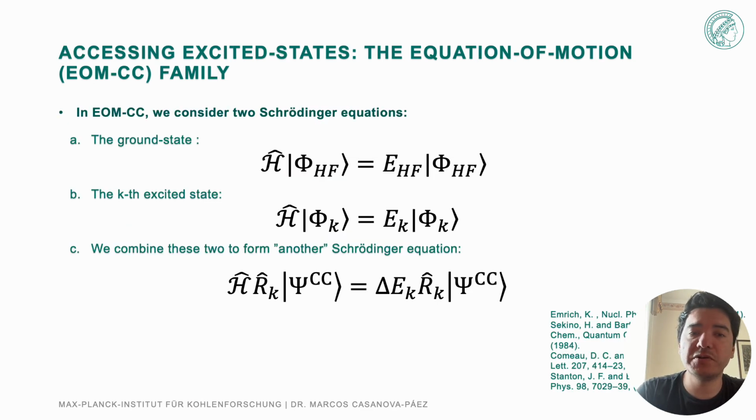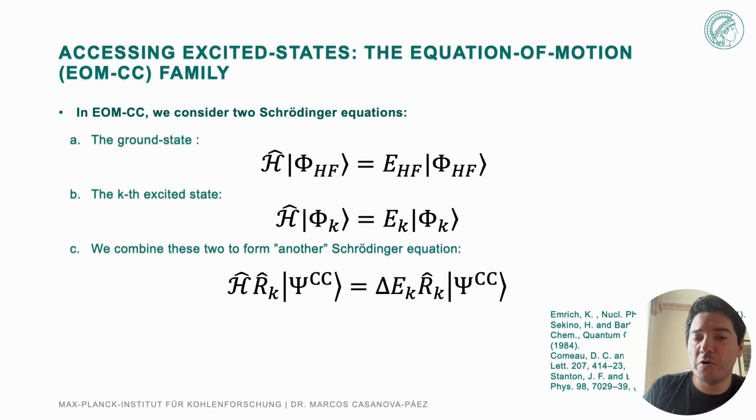In equation of motion coupled cluster, we have to consider 2 Schrödinger equations. One of them is going to be your ground state Schrödinger equation, which is going to be the Hartree-Fock, but also one for some excited state. Now you can combine these 2 Schrödinger equations and you come out with a different equation, which is given by the last term over here.